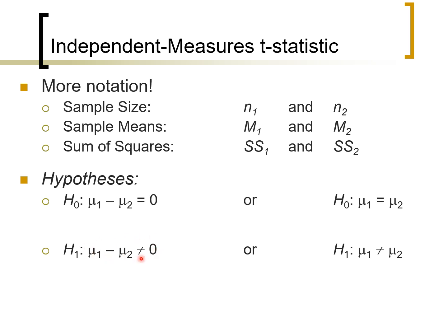So this difference is not equal to 0, or these two means are not the same. That means there is a statistically significant difference, and we can conclude that we reject the null hypothesis of no difference if we see a meaningful difference. And notice this is a not equal. We're not using a greater than or less than sign, so this would be a two-tailed or non-directional hypothesis.